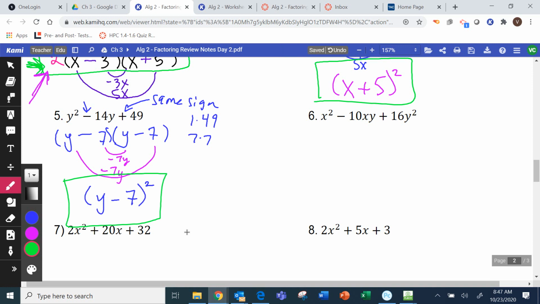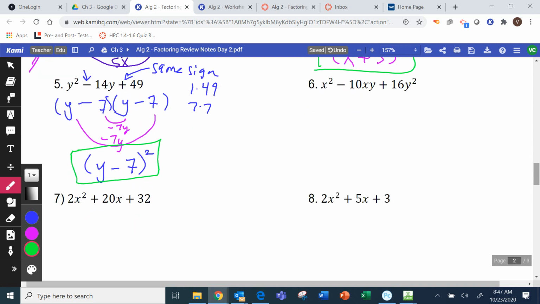Okay. It was number 6 that a lot of people were struggling on. So number 6, it's going to be the same way. We're going to start with 2 parentheses. Wait. Is there a greatest common factor in all 3 terms? Corey?